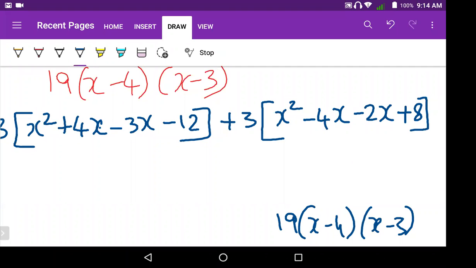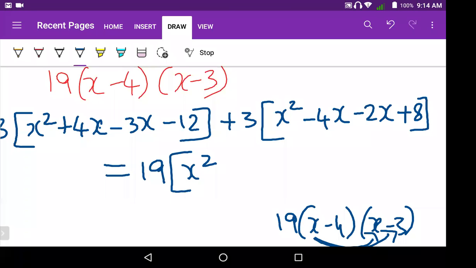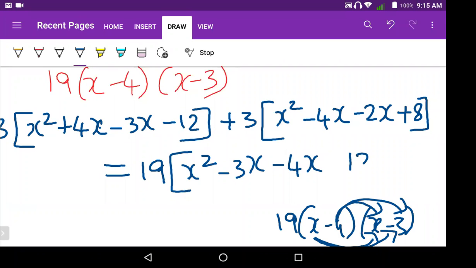Okay, so 19 is equal to 19, and then x into x is x square, x into minus 3 is minus 3x, minus 4 into x is minus 4x, 4 into 3 is 4 threes are 12. Minus into minus is plus. So I've got this expression completely here.